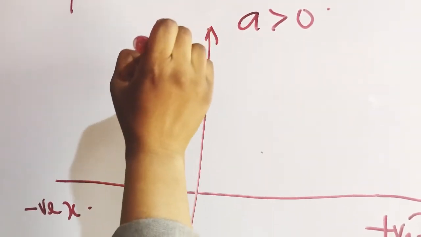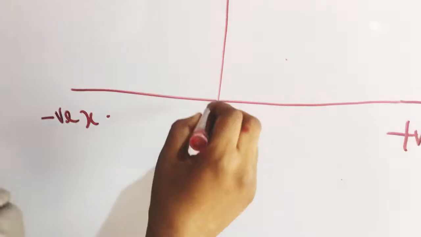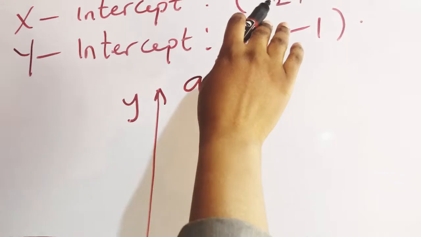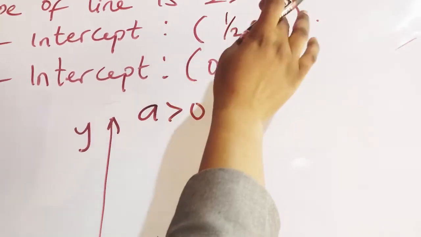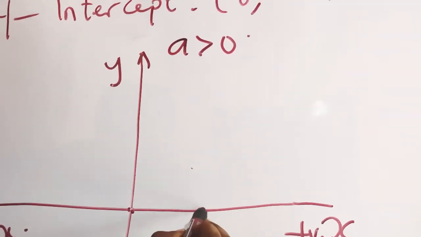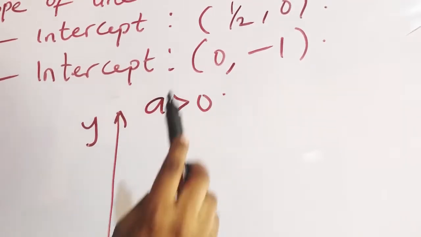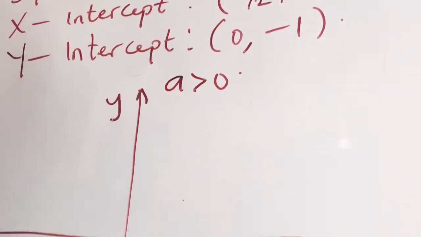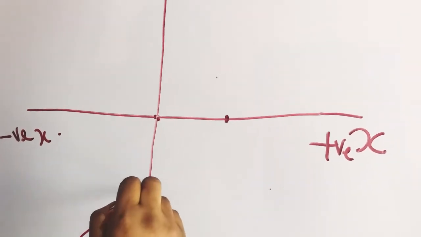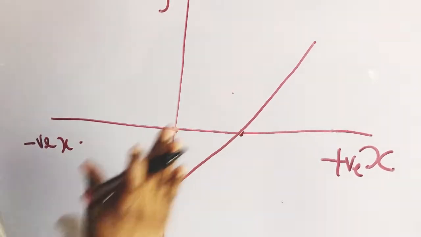Here is the positive y-axis, and here is the negative y-axis. Here is the center. When x is equal to 1 over 2, y is equal to 0. When x is equal to 0, y is equal to minus 1, so it's negative. Let's just pick anything since we are just sketching. It is not necessary for it to be perfect now. So this is how it looks.